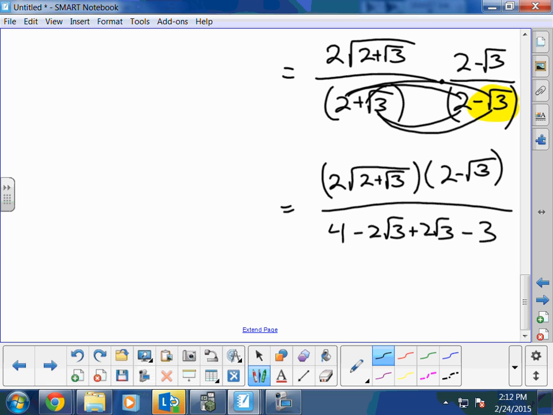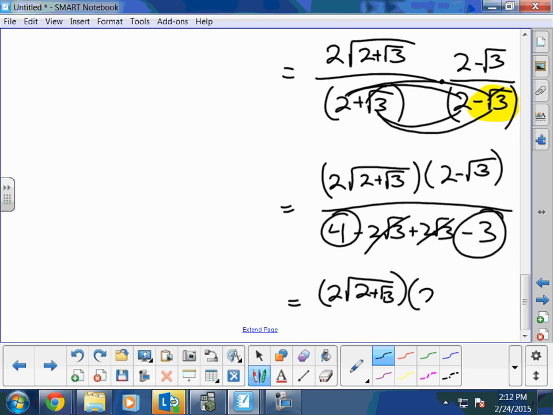Square roots cancel on the last part. The middle terms are going to cancel out. After that, 4 minus 3 is just 1. So the denominator just makes 1, which means that you're really just left with the numerator, 2 plus the square root of 3 times 2 minus square root of 3. After that, you really don't need to do much more. And this is your answer.